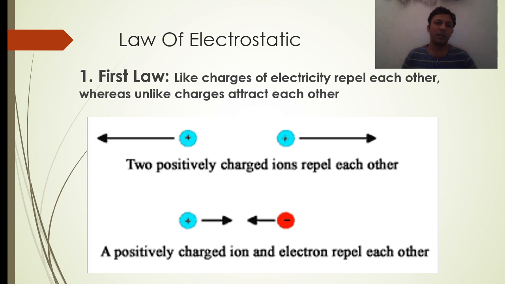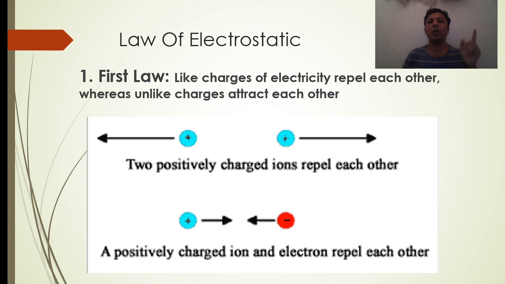The first law of electrical charge is very simple. As discussed in the previous slide, two positive charges are repelled by each other, and one positive charge and one negative charge attract each other. This is the simple law.